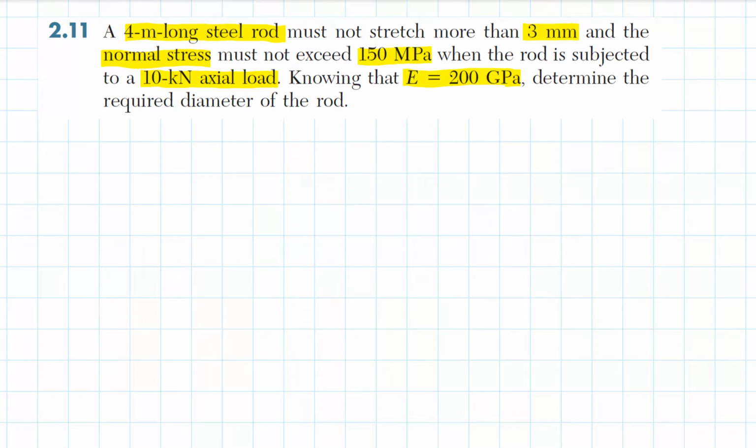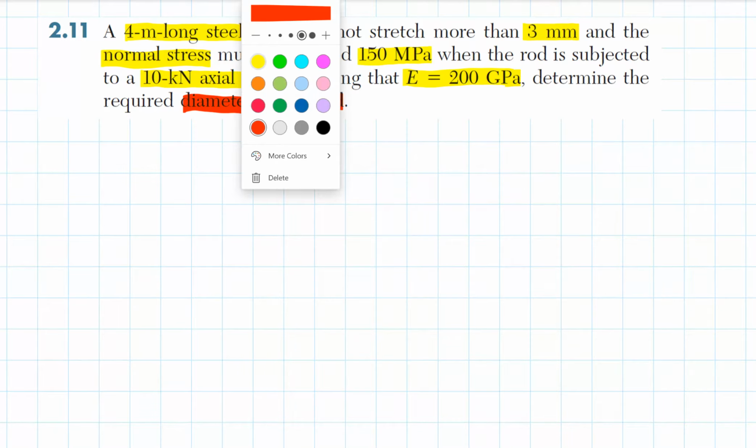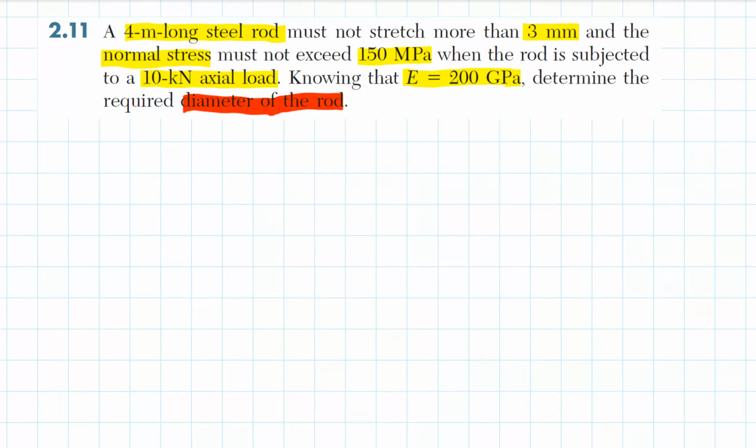the required diameter of the rod. So in here we have the length of the rod equal to 4 meter. The maximum deformation equal to 3 millimeter, or 0.003 meter.